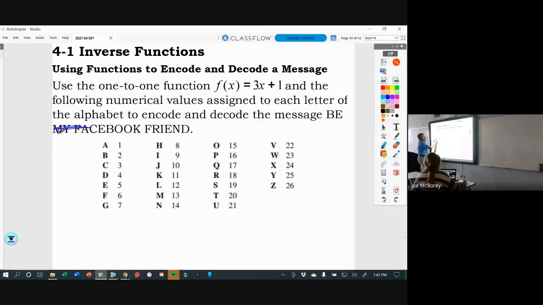So how can we go about using this to actually do something with it? You could actually send secret messages to someone by encoding a message, and then your friend or whoever has the decoder, if you will.